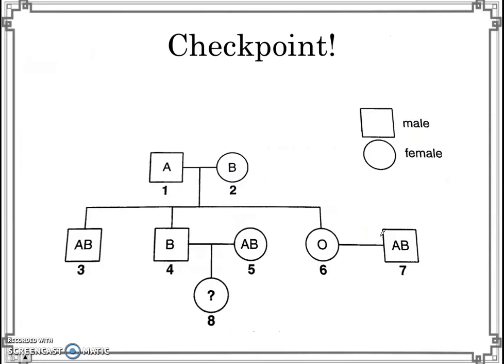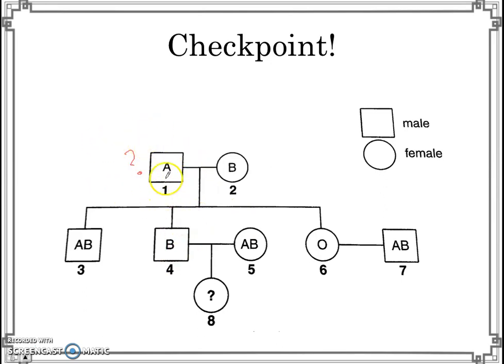Okay, so there's a checkpoint question for you to try. In this question, it's asking what would be the genotype of individual number 1. So how do you go about this kind of question?